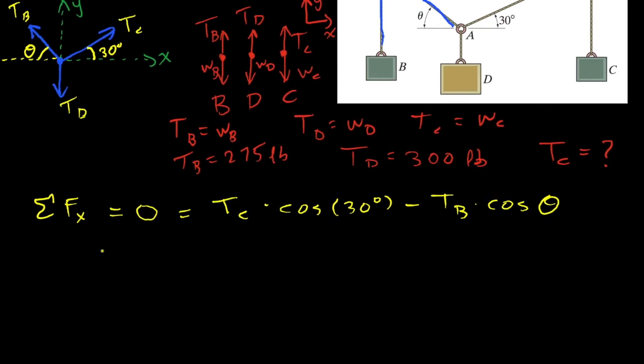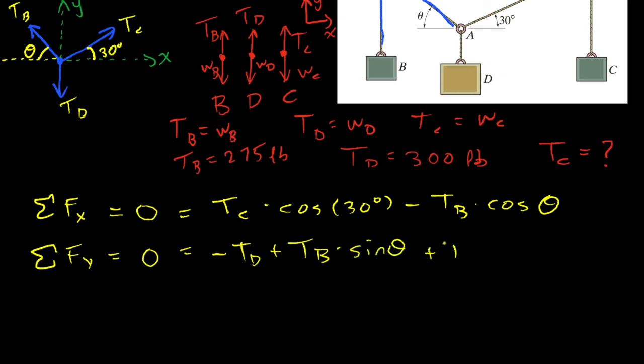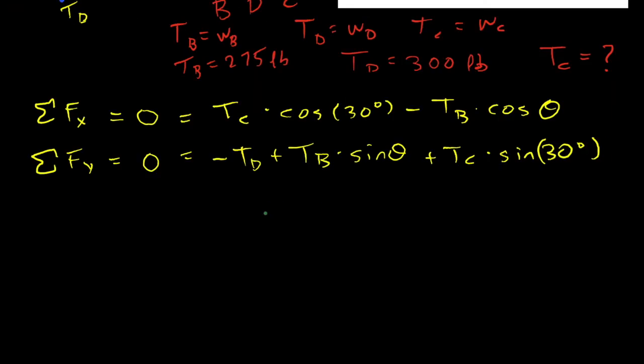And equivalently, let's do this for the y-axis. This will also equal 0 due to equilibrium, which will be minus T sub D plus T sub B times sine theta plus T sub C times sine 30. So let's simplify this a bit.